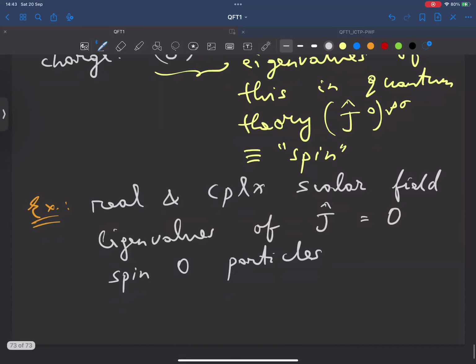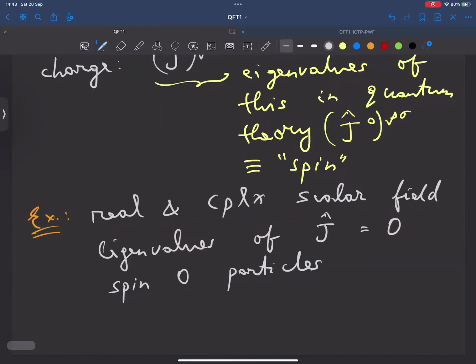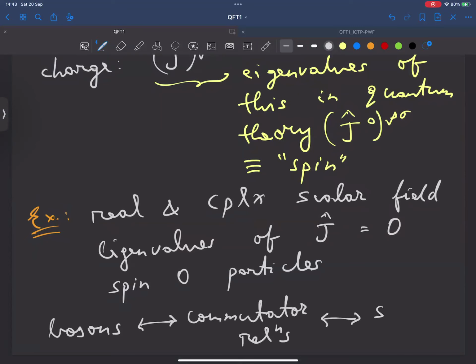And just to summarize, we saw that these particles were what we call bosons. They had a commutator relation, and they had spin 0. So the missing piece is this exercise, and next week we will see what we will call fermions.